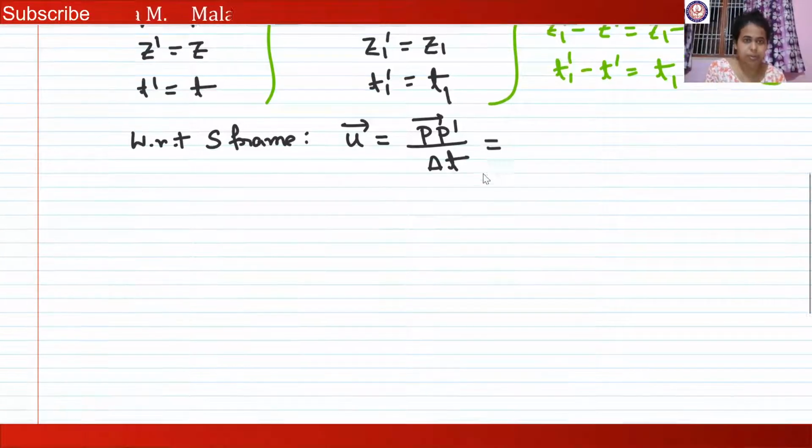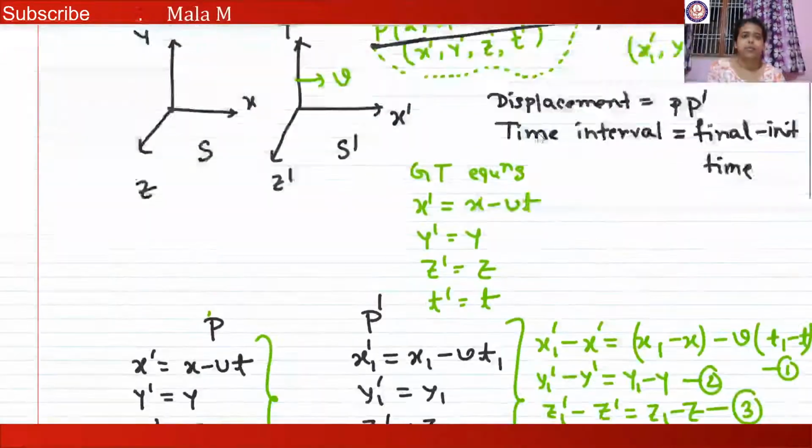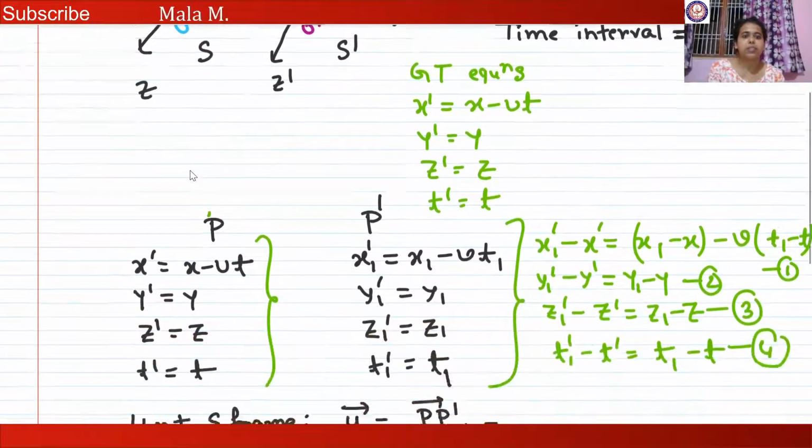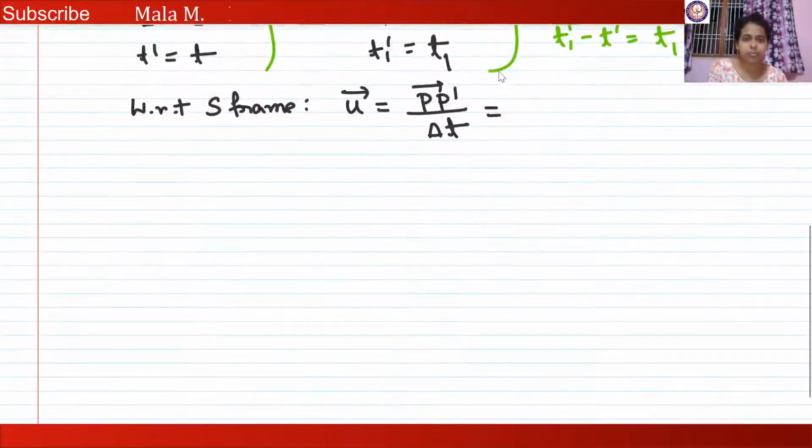So P prime is the displacement vector and time interval is final minus initial. So with respect to the observer sitting at S, what will be the time interval? Simply t1 minus t. And with respect to the observer sitting at O prime, it will be simply t1 prime minus t prime.